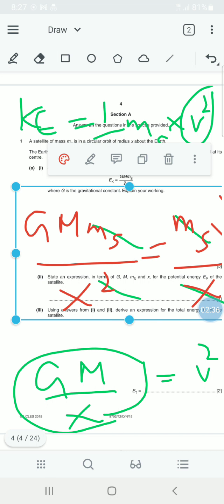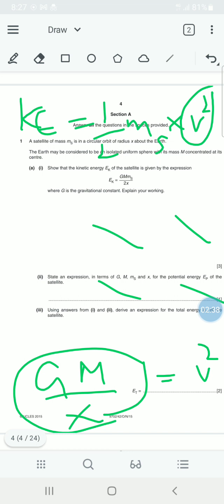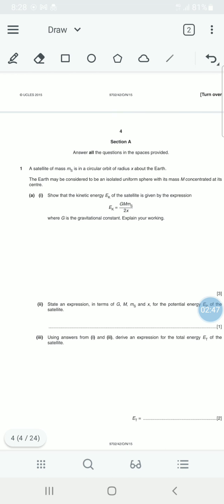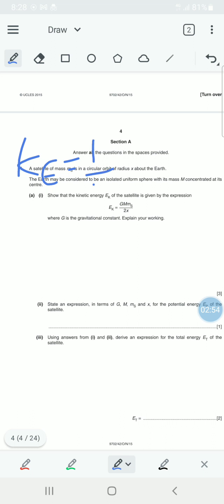So we have the equation: kinetic energy is equal to half m_s v squared.